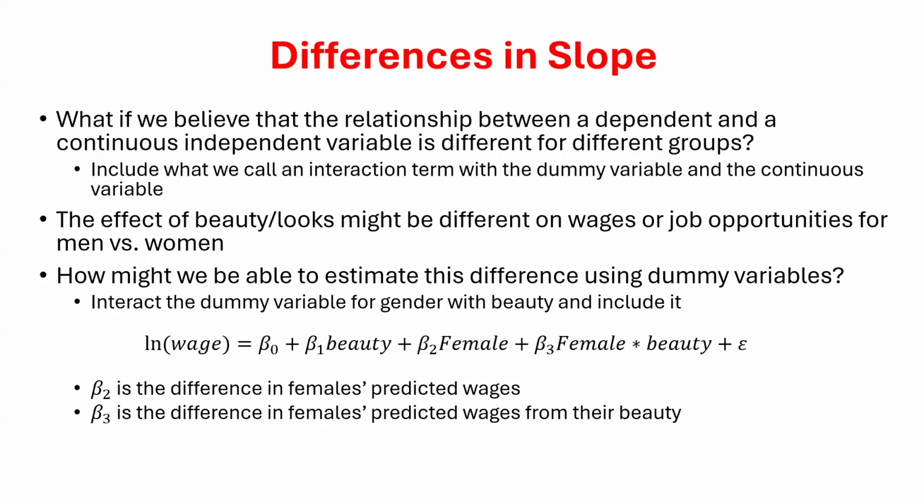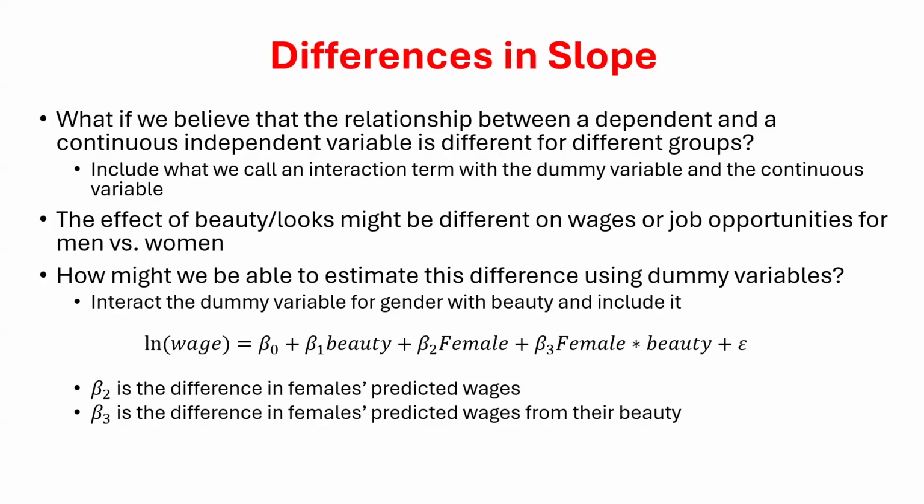A 1 unit increase in that beauty variable for a male: if beauty goes up by 1, wages go up by beta 1. If they're male, this interaction term would be equal to what? If they're male, it's 0, and 0 times anything is 0. So this would be the effect of that beauty variable for who? The 0 group here, which was males.